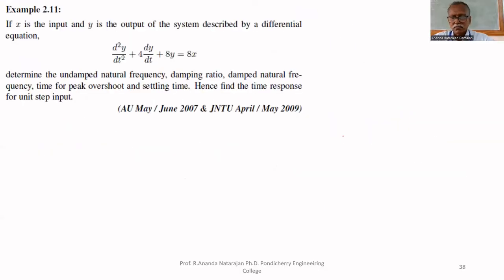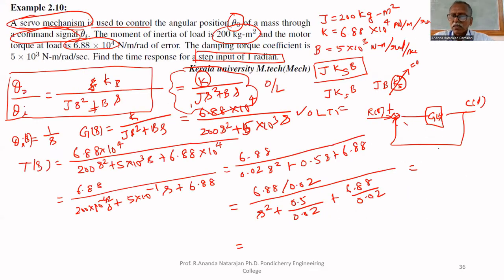That is equal to 344 upon S square plus 25S plus 344. This is the final transfer function.